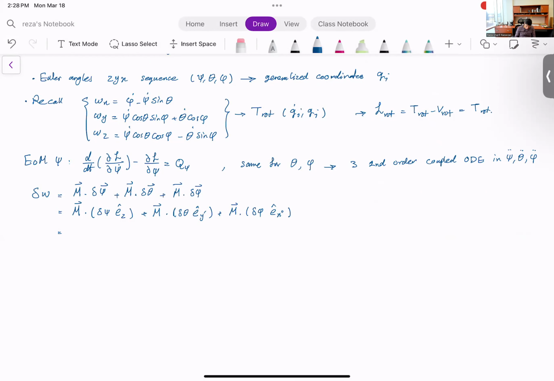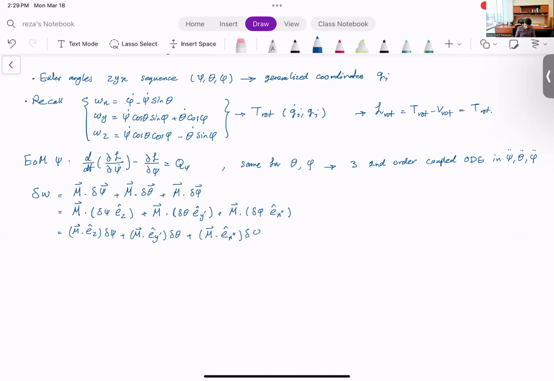Just a change of order. It's going to be M dot Ez delta psi plus M dot Ey prime delta theta plus M dot Ex double prime delta phi.